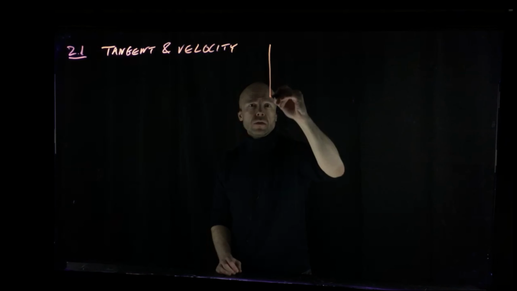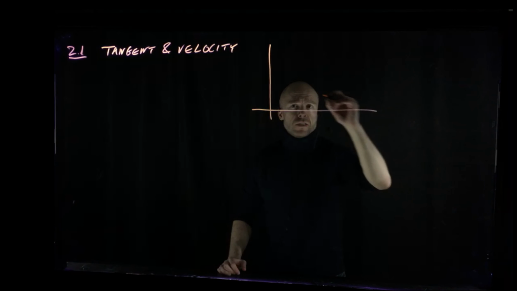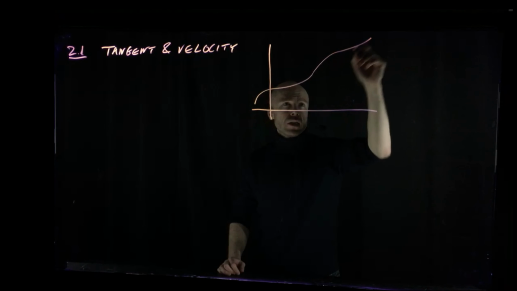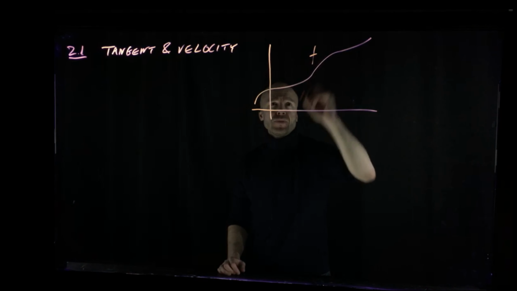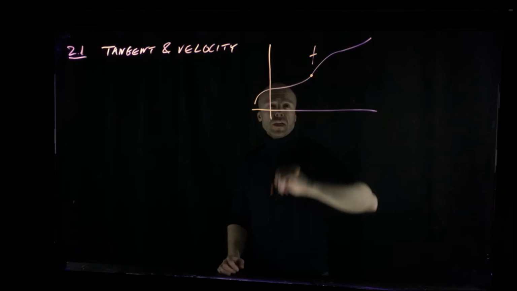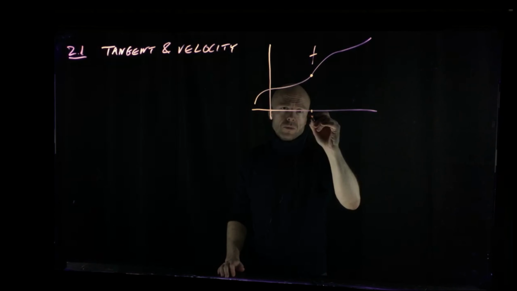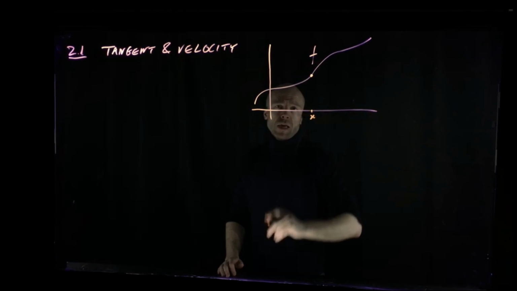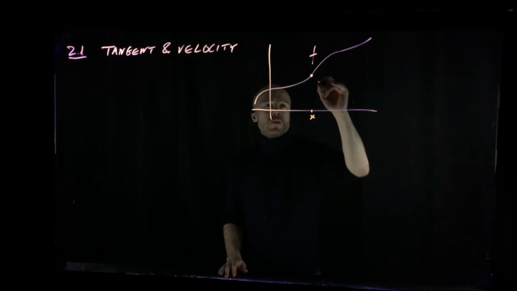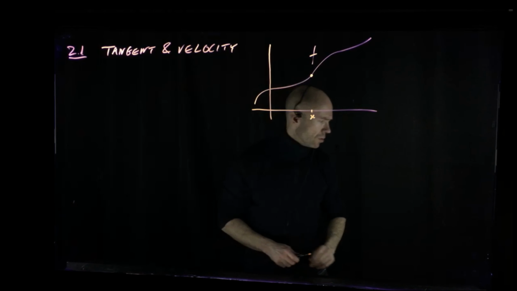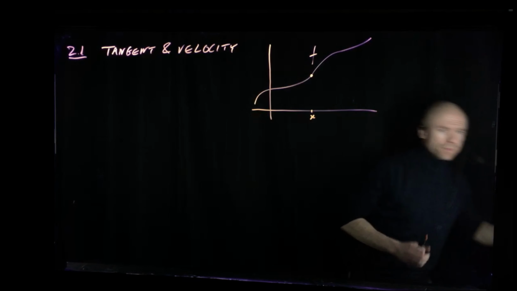So what I mean by this is if we take some particular function like this, call this function f, suppose we want to find the tangent line to our function f at some particular point. So this could be a point x, actually let us call it a and not x.